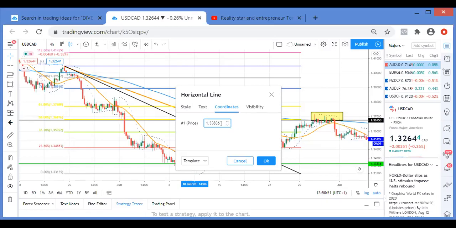Remember, our quarter points are 25, 50, 75 and 00, and we're only looking at the last three digits. So look, 1.33, 750.